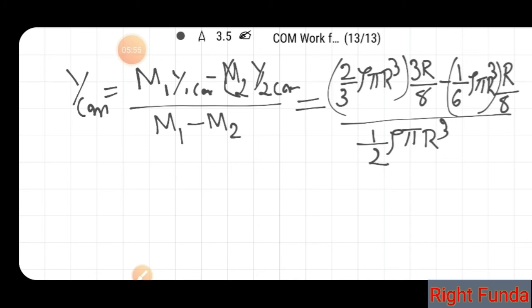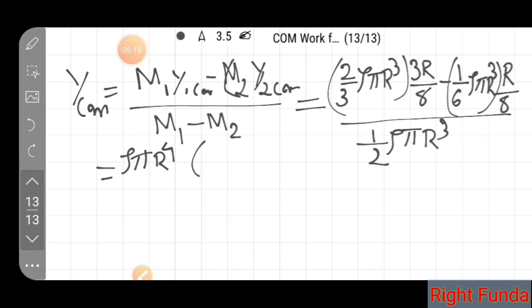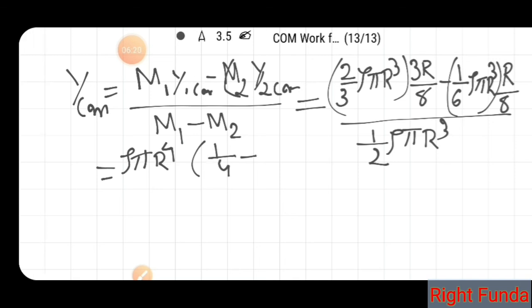In the numerator, the 3 cancelled, rho pi r to the power 4 taken common, this is equal to 2 by 8, that is equal to 1 by 4, minus 1 by 48, divided by 1 by 2 rho pi r cube.